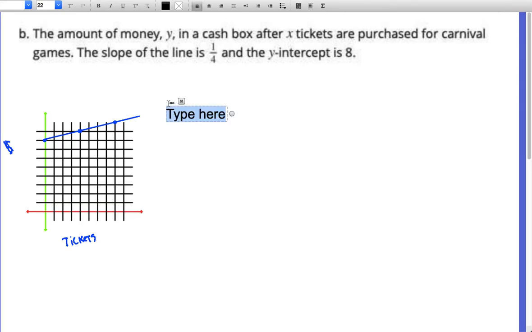Okay, so the y-intercept. The intercept of 8 tells me what? Tells me that there was $8.